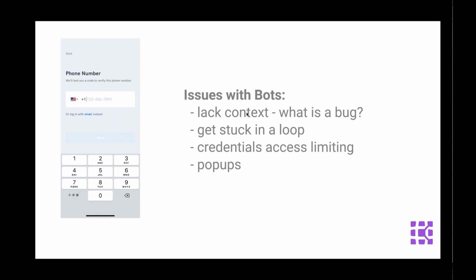The problem with bots is it lacks context. So it's not a very intelligent bot. And oftentimes you'll see products get stuck in a loop. So they never end, they just keep going around, and if you watch some of these products, they keep going back to the same previous step, and then they go through their depth first search mechanism and they don't realize that they're back to where they started.